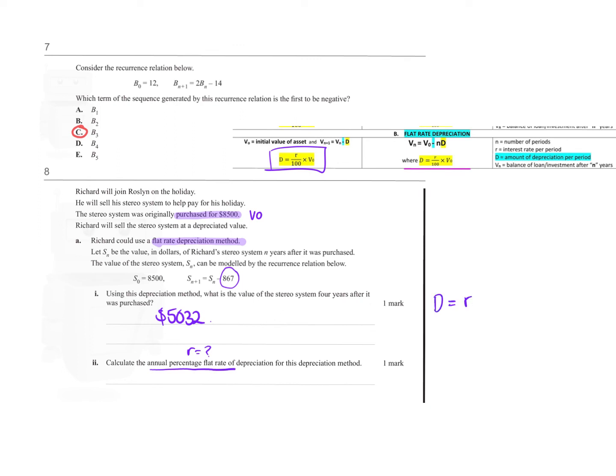So if D is found by doing this, well, I can pop in, I know what D is. R is what I'm trying to find, and I also know what V0 is. So I can write all that in and press solve, comma R, and I can get the annual interest rate. So I got the rate to be 10.2%. So just make sure you write your answer over there.